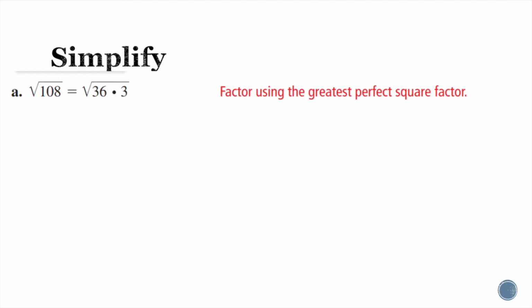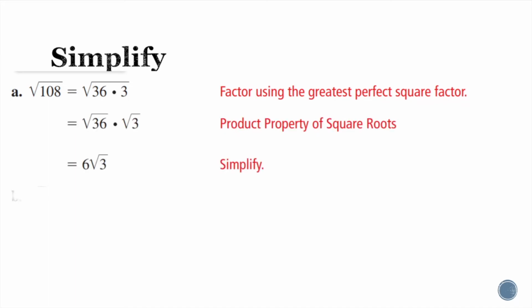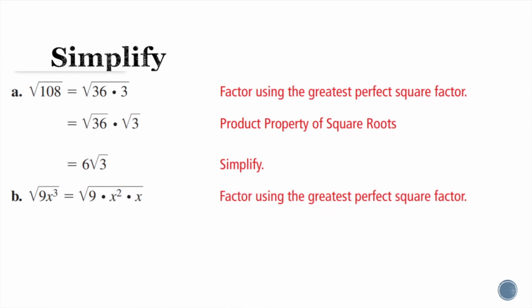And in this case, 108 divided by 36 is 3, which means that 36 times 3 is equal to 108. And again, using the product property of square roots, I have the square root of 36 times 3, resulting in 6 times the square root of 3.